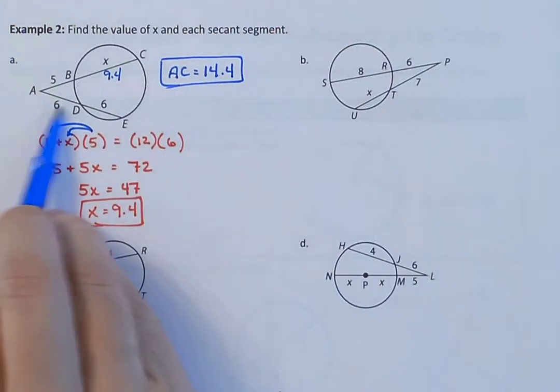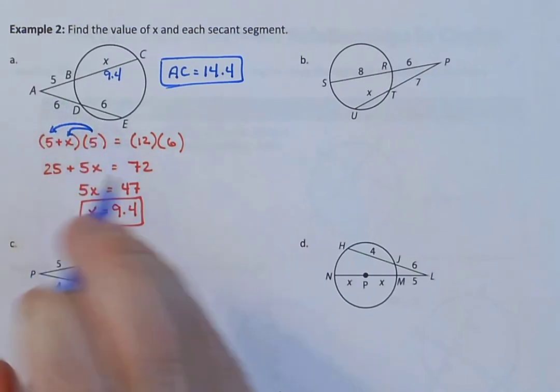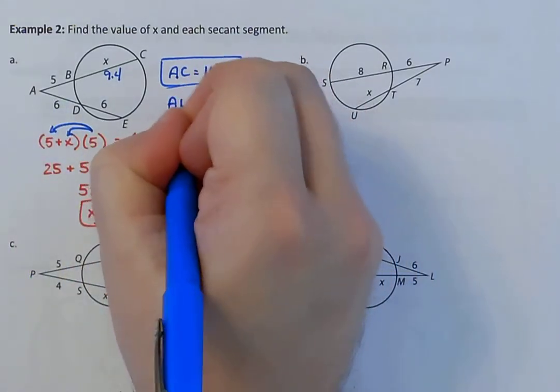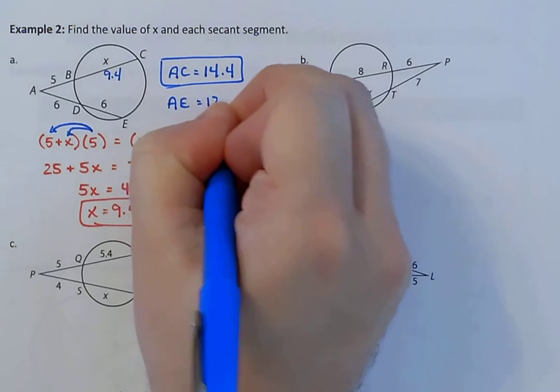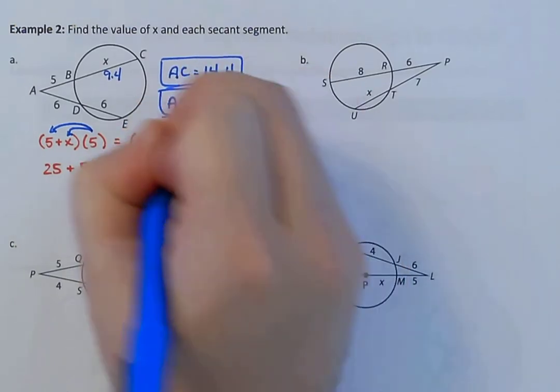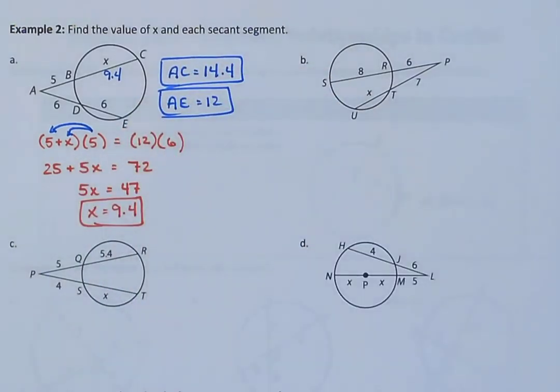And then AE is this whole segment, so 6 plus 6, which tells us 12. And that is our answer for example 2, part A, and how you are going to do parts A, B, C, and D.